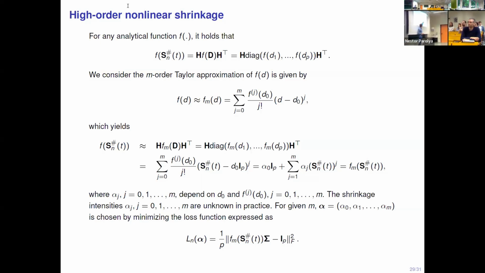So here, instead of just alpha times S_n hashtag plus alpha 0 times identity, you have a whole bunch of moments of that inverse, because you approximate an unknown function, right? And you take the same loss, but now I have here the vector of alphas to optimize over. I can do the same thing I showed you before. I skipped it because it's a big mess. But you can estimate those alphas consistently.